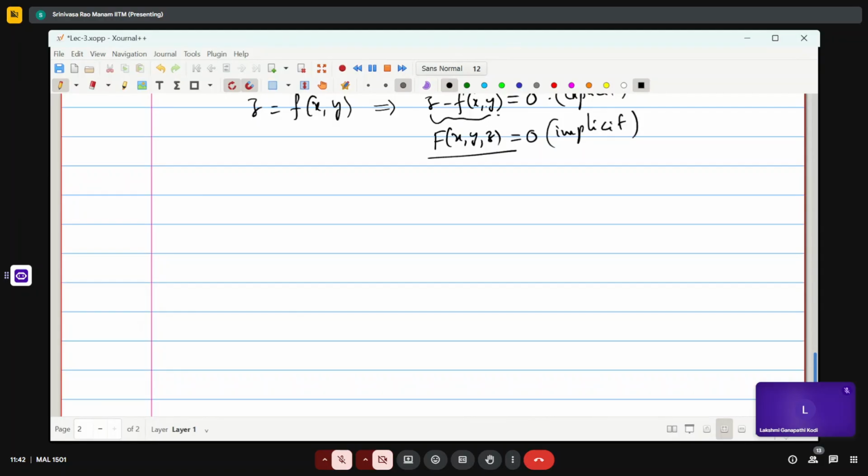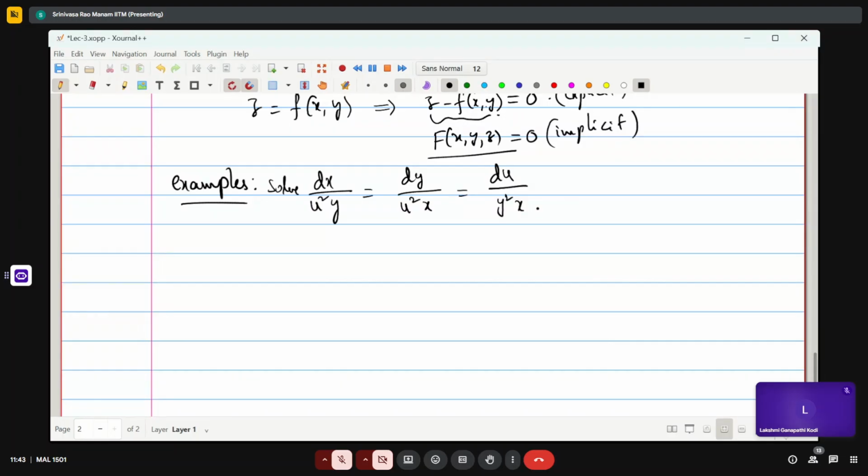Okay, so let's look at some examples to solve streamlines. For example, solve dx by u square y equal to dy by u square x equal to du by y square x.